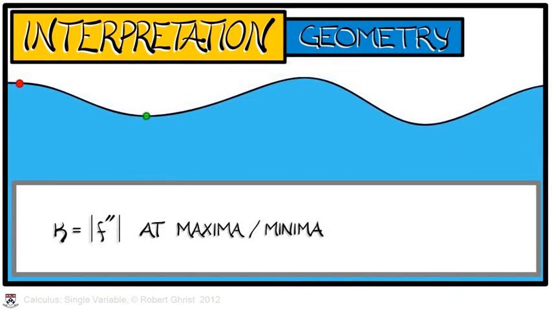There are a few other things that we see from this formula, namely that the curvature is exactly equal to the second derivative at the maxima or the minima of a curve where f prime equals 0. That's probably something that you want to remember. Curvature is really just the second derivative when you're talking about a max or a min.